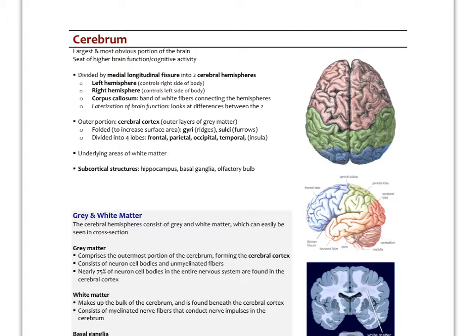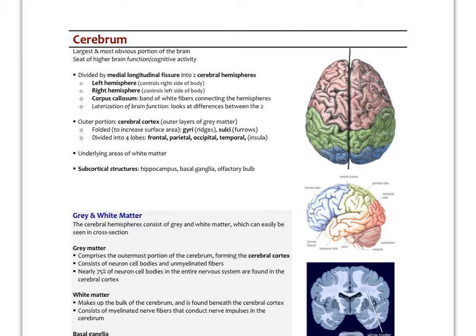We divide the cerebrum into two hemispheres. There's a big fissure in the middle of the brain, and this is called the longitudinal fissure. And that splits the cerebrum into two hemispheres. The left hemisphere, which controls the right side of the body, and the right hemisphere, which controls the left side of the body.